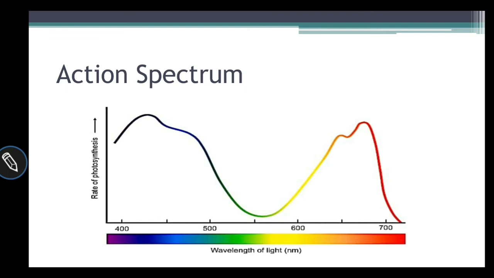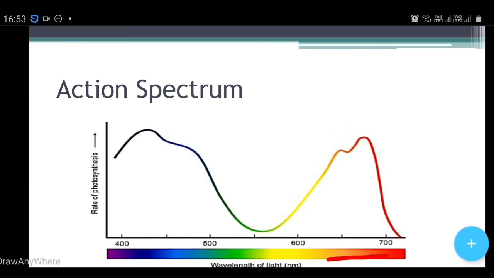So if we observe this graph, on the x-axis is wavelength and on the y-axis is rate of photosynthesis. And as I said before, the rate of photosynthesis is calculated using the amount of oxygen evolved or the amount of carbon dioxide absorbed.